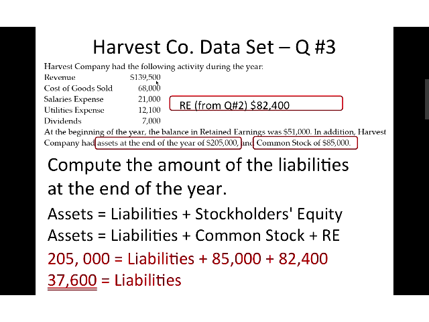And then I'm going to fill in what we're given. So assets at the end of the year were $205,000. We don't know what liabilities were, but we have common stock. Common stock is $85,000. Retained earnings came from question 2, $82,400. So we have to solve for liabilities. And this is probably one of the more difficult ones you'll ever see here.